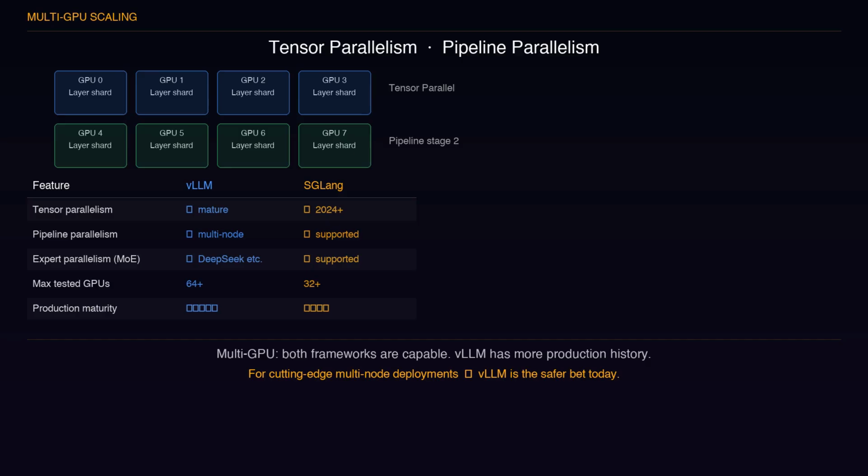VLLM has been running distributed inference at scale since late 2023, with substantial production experience across diverse hardware. SGLang added multi-GPU support in 2024 and has closed the gap considerably, with particularly strong results on DeepSeek models. For most teams on 4 to 8 GPUs, both frameworks are capable. For cutting-edge multi-node at 64 GPUs or more, VLLM's longer production track record is the safer choice today.